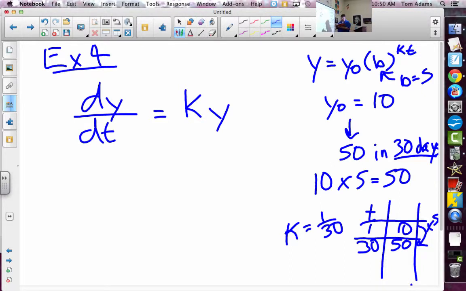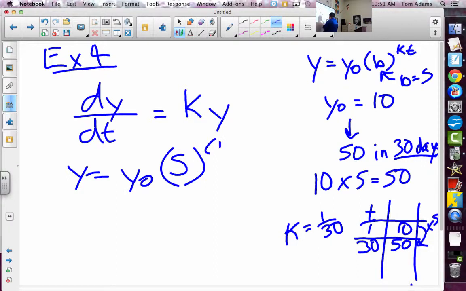So how would I solve for t? Let's write it this way. y equals y naught, our base, which is 5, raised to the 1 over 30 times t.